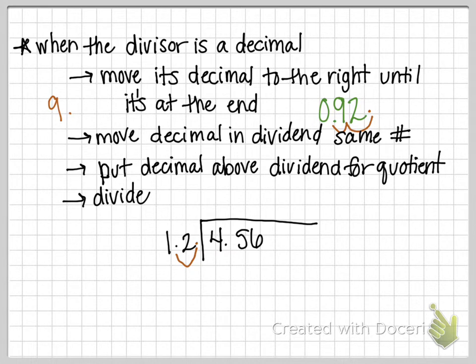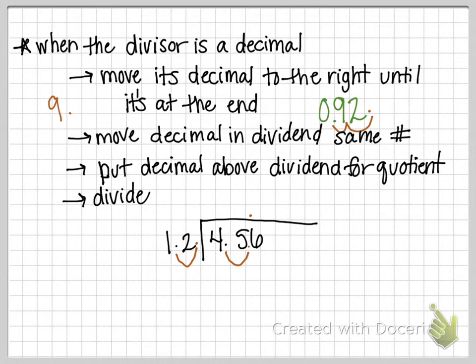And if I do that in the divisor, I have to also move it one place to the right in the dividend. Now I've done all my movement. The last thing I need to do is make sure that the decimal point in the quotient is right above where it ended up in the dividend. Okay? So you just do all the movement first, and then we can divide.